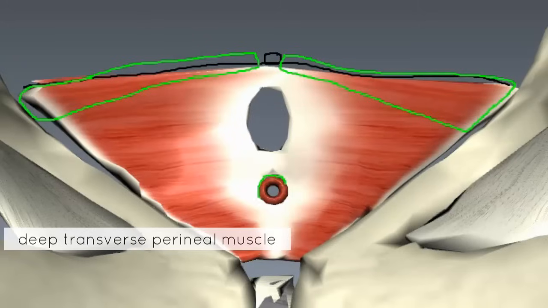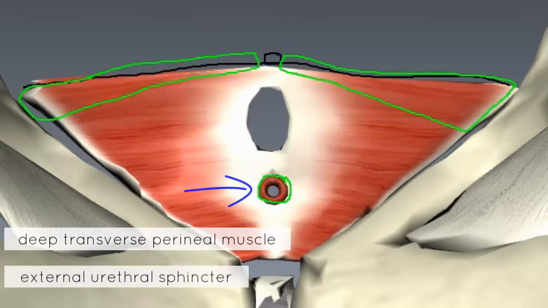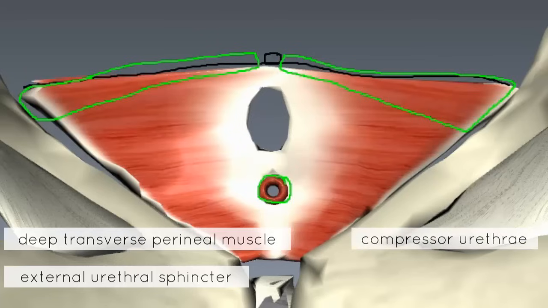And then over here you can see this little muscle here. This is the external urethral sphincter. And this surrounds the proximal part of the urethra in women and the membranous part of the urethra in males. And then we've got two muscles which are unique to females. We've got the compressor urethrae, and then we've got the sphincter urethrovaginalis.